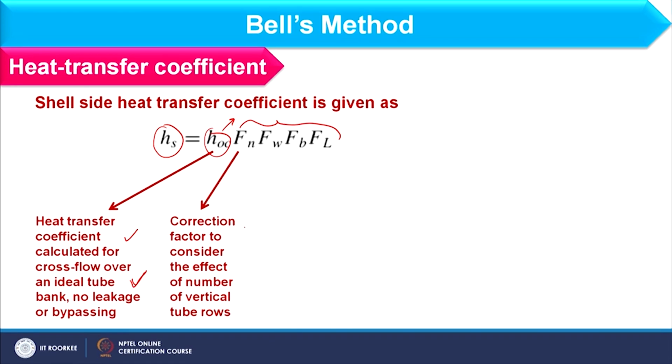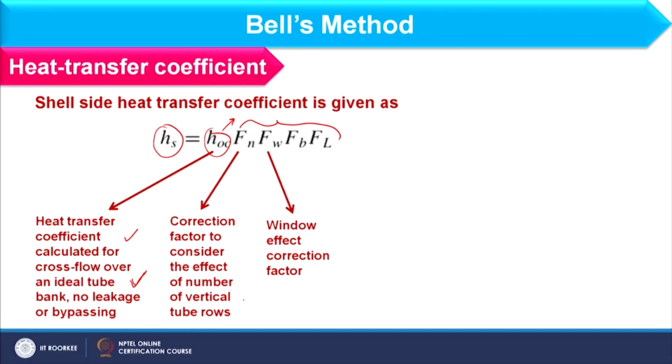Fn is the correction factor to consider the effect of the number of vertical tube rows, in the cross flow zone. In detail we will discuss what Fn is and how its value will be calculated, but keep in mind that it is for the cross flow zone.